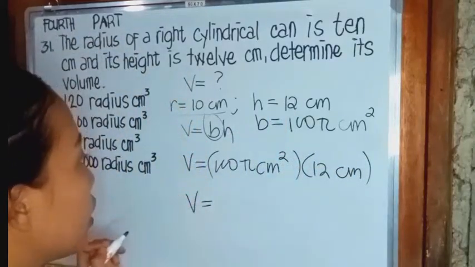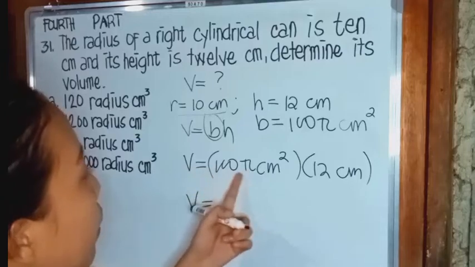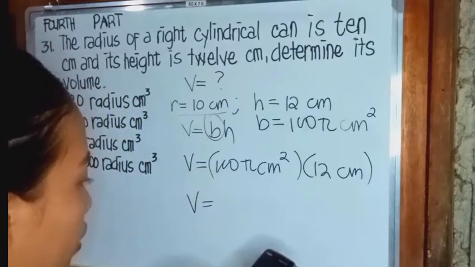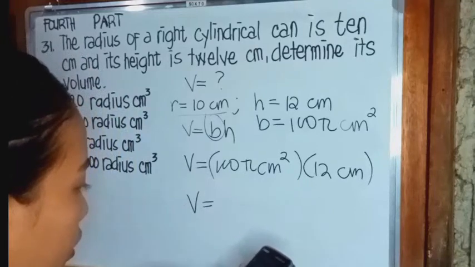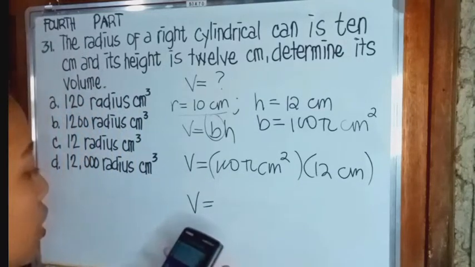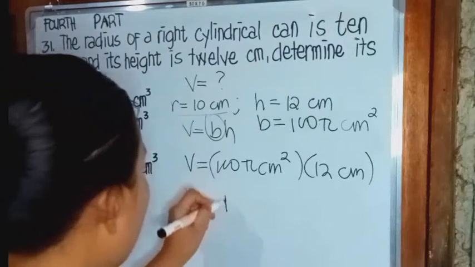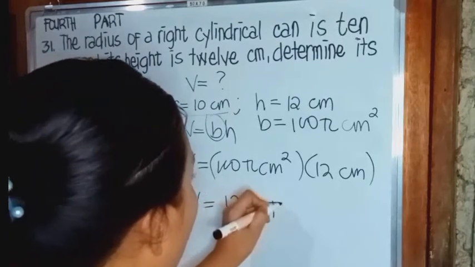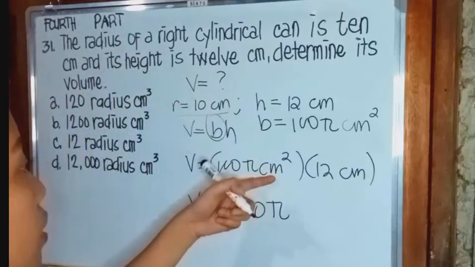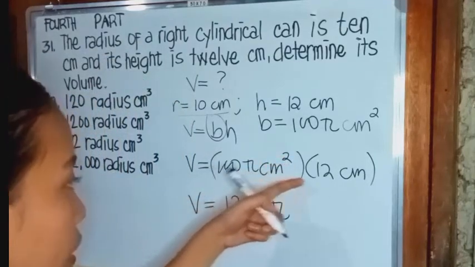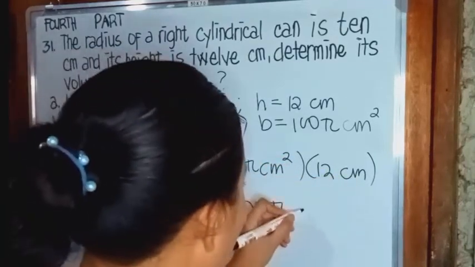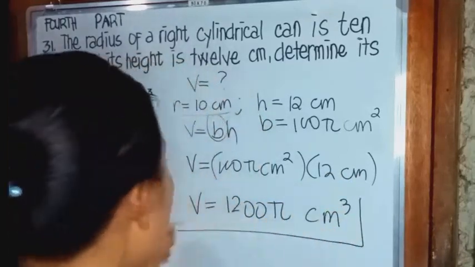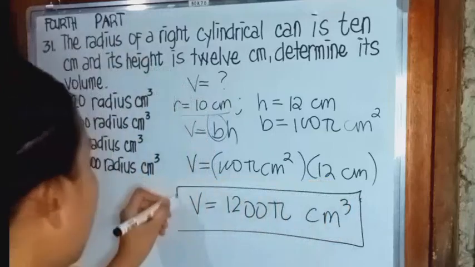Volume is equal to 100 pi times 12, which is 1,200 pi. Square centimeter times centimeter is equal to cubic centimeter. This is the volume of the right cylindrical can.